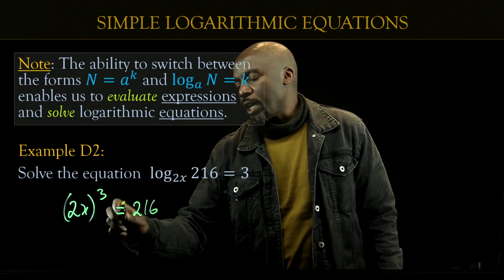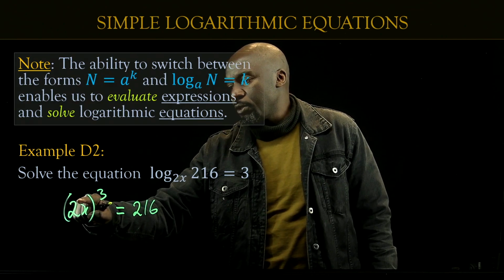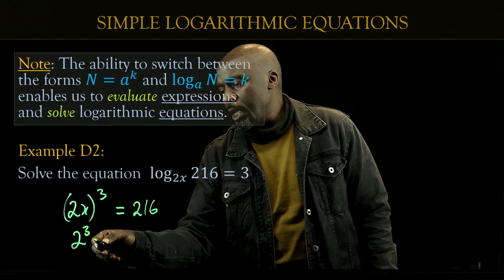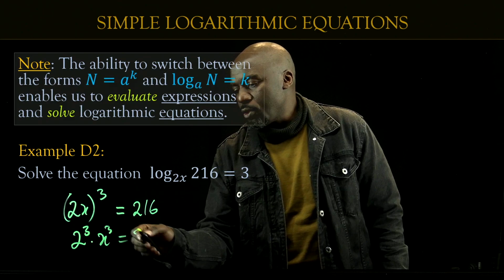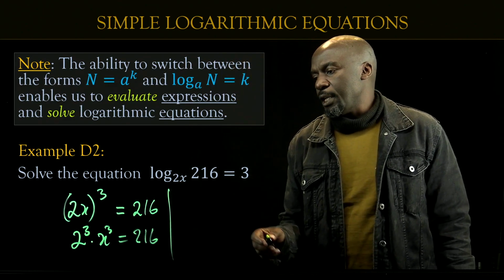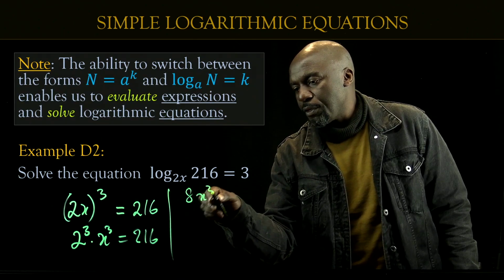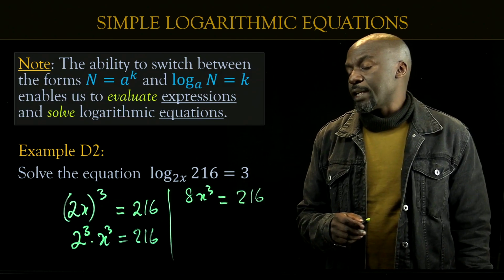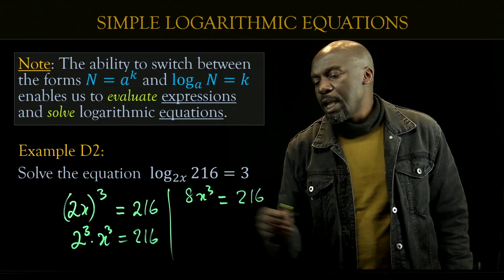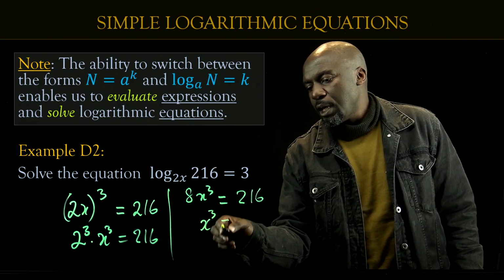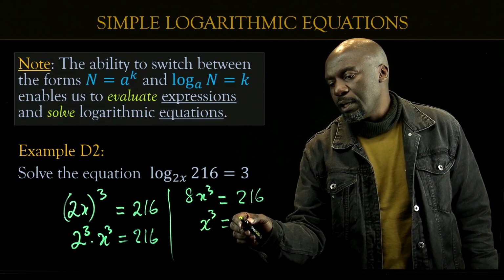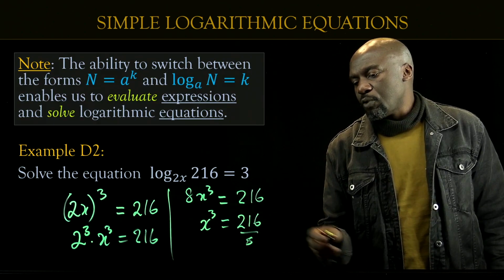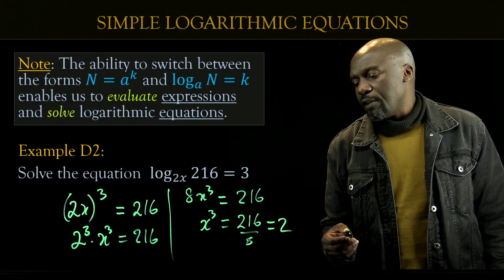216. If I open that bracket, remember the exponent is distributed to both the 2 and the x. So I can write here 2 power 3 times x power 3 is 216, but 2 power 3 is 8, so we can write 8x power 3 is equal to 216. We want x, so we can divide both sides by 8, and that gives me x to the power of 3 is 216 over 8. 216 divided by 8: 8 goes into 21 2 times to give me 16.